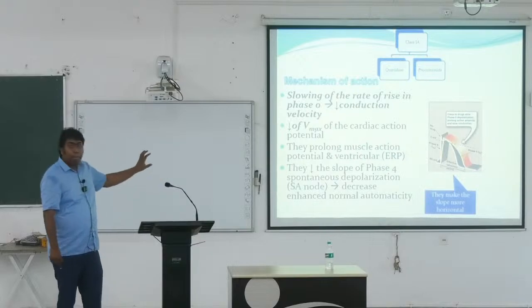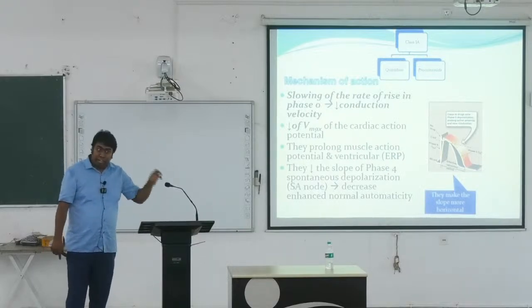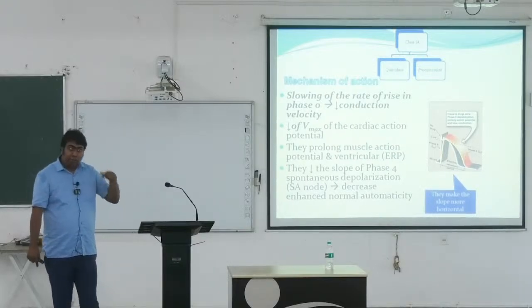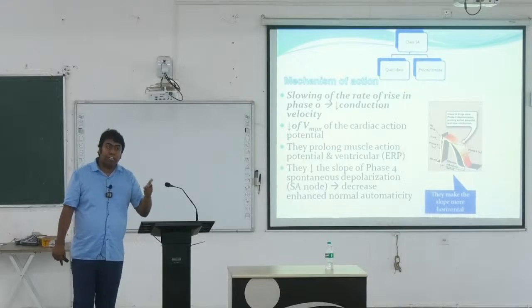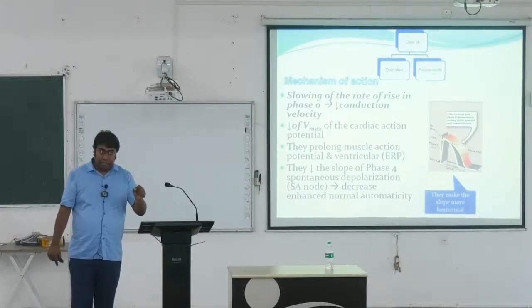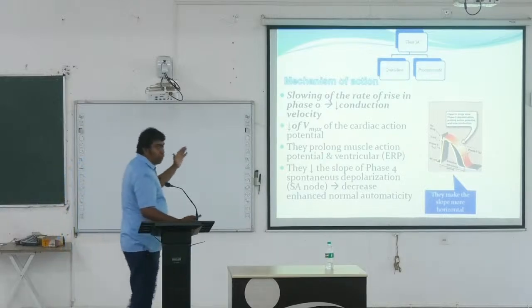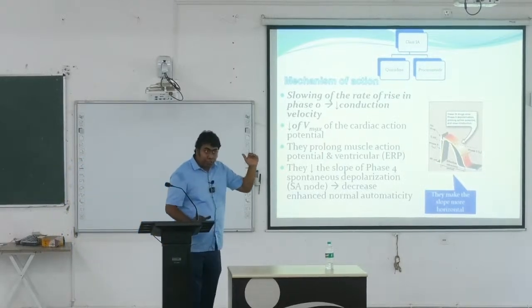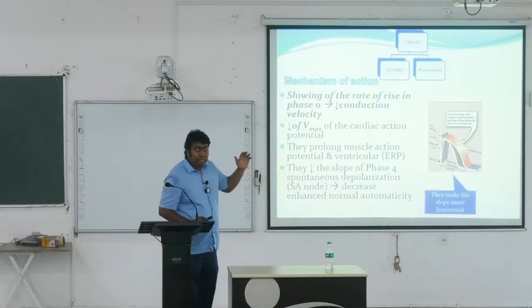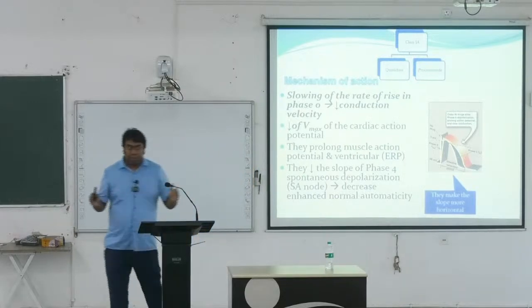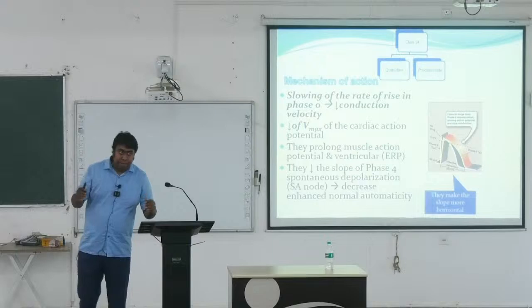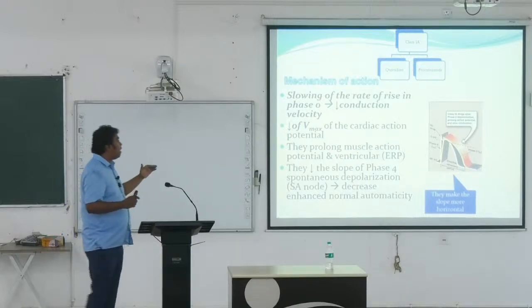All these effects are in the atrium, ventricle and Purkinje tissue, where phase 0 is conducted by sodium channel influx. What do they do there? They reduce the slope of phase 0, reduce the Vmax, increase the effective refractory period, and also reduce the slope of phase 4.